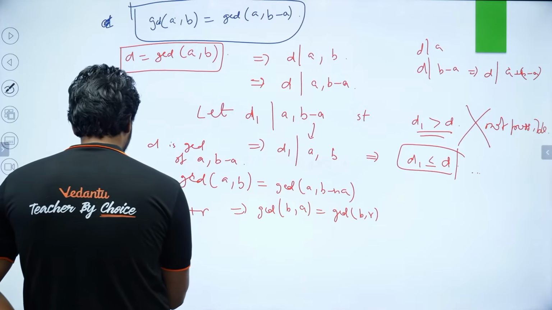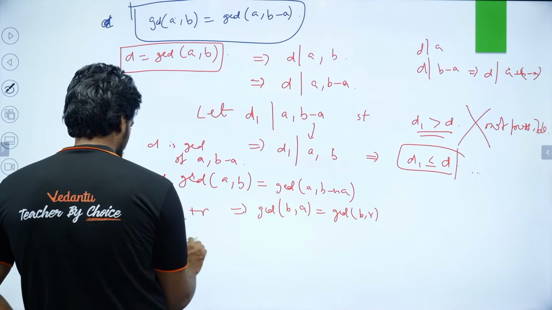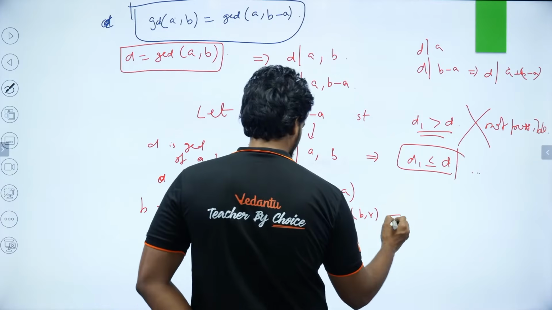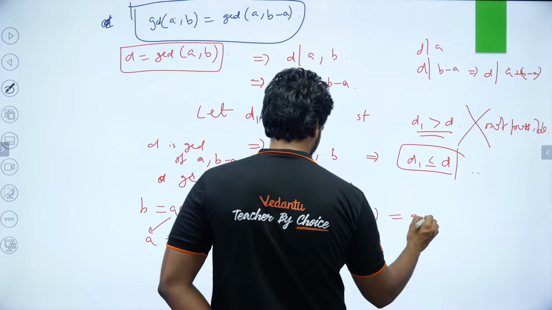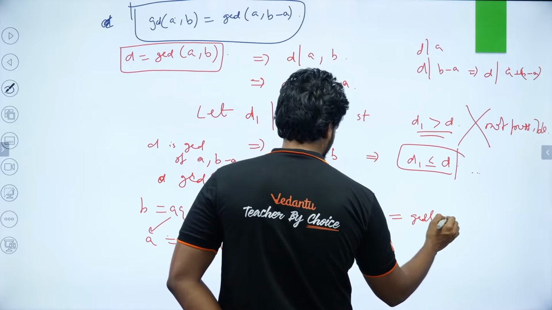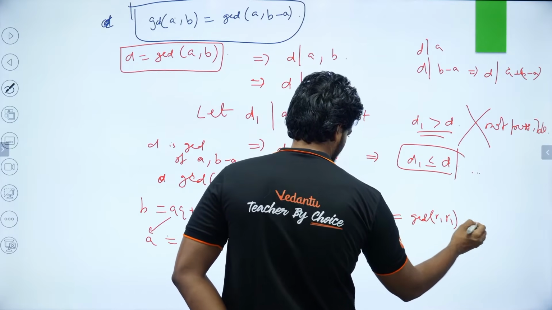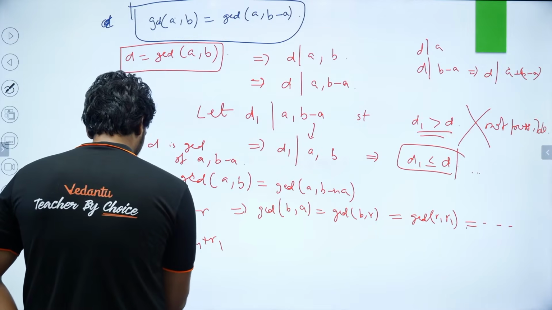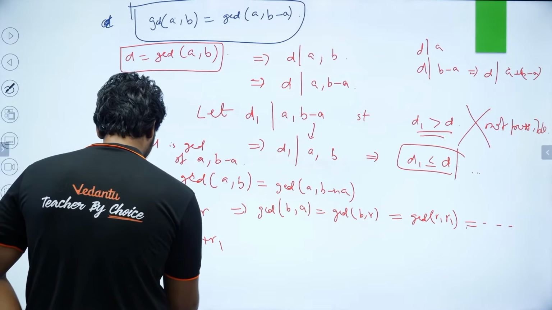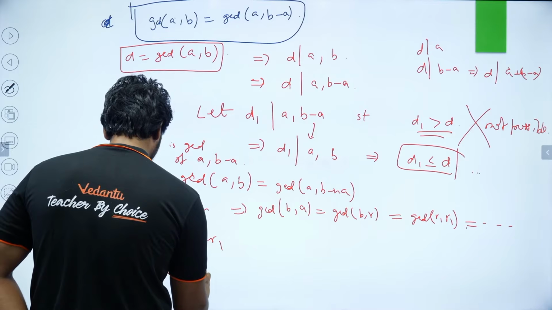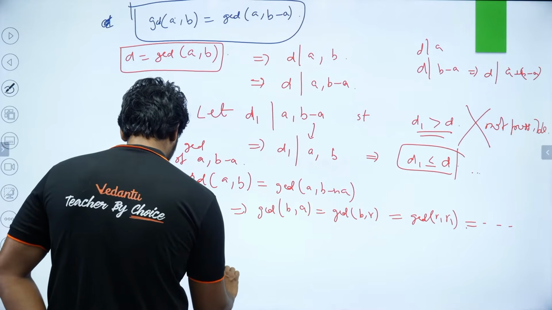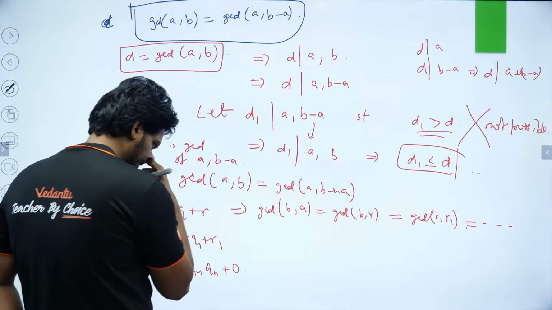And now, I will write A is equal to R Q1 plus R1, and that would imply this is equal to GCD of R comma R1, and so on. It goes to the point till some Rn will be equal to Rn minus 1 Qn plus 0.